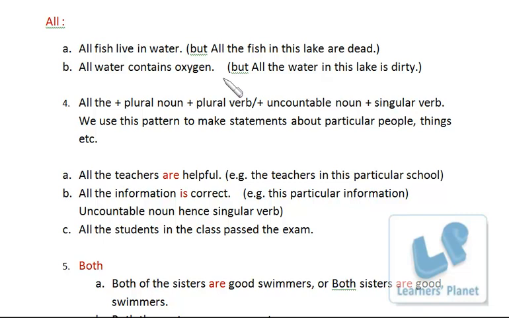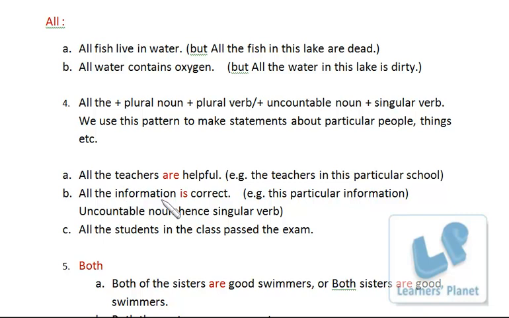Water in general. All the plus plural noun plus plural verb, or we can say uncountable noun plus singular verb. Right? We have already seen the examples. Let's read some more. All the teachers, right? Teachers, the we have used because the teachers of a particular school, right? If in this particular school we are talking about, so all the teachers are helpful, right? Teachers, countable noun, that's why we are using are.